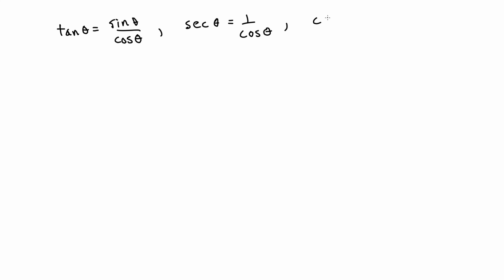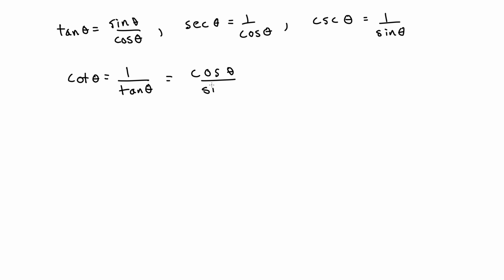And how about cosecant theta is 1 over sine theta? I guess this leads us to cotan theta, which you can think of in a few different ways. How about this? 1 over tan theta, which is 1 over sine over cosine, which is really cos theta over sine theta.